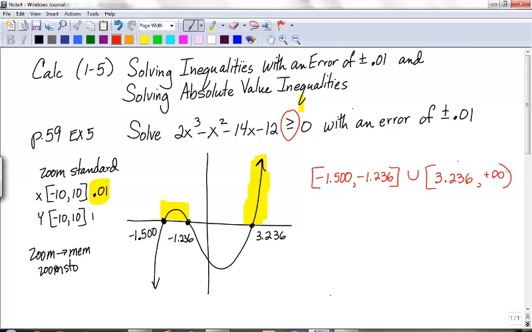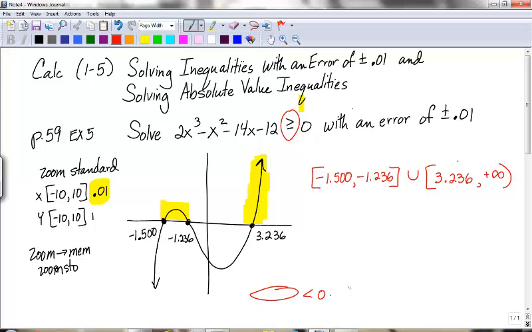Okay? Make sense? If I change this symbol and made it less than 0, if I made that equation to be less than 0, then I would say, where's it below the x-axis?